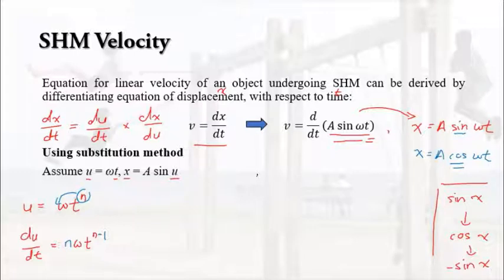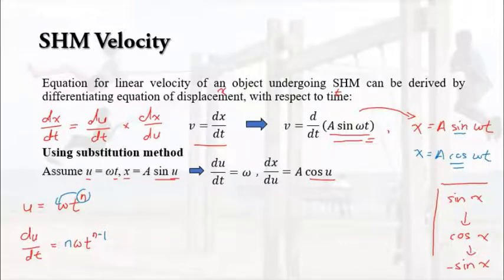But now we're just going to go back to our question, where we have u equals omega t and x equals a sine u. After you differentiate, you're going to get du over dt equals omega, and dx over du equals a cos u. You differentiate sine, you get cos.